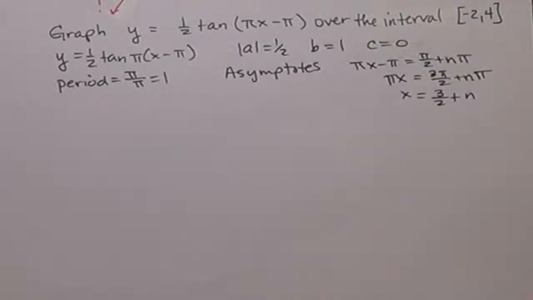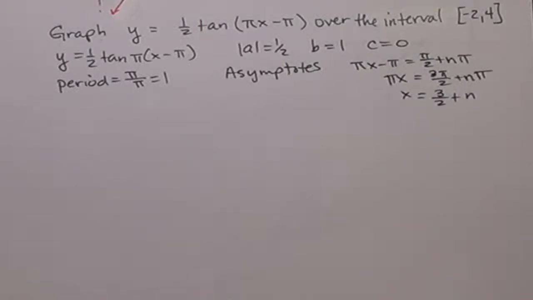Our amplitude is going to be 1/2, our phase shift is 1, our period is 1, and our asymptotes, when we solve our equation, are 3/2 plus n. So again, that's just every integer value more than 3/2. In this case, we want to graph it over the interval from negative 2 to 4.